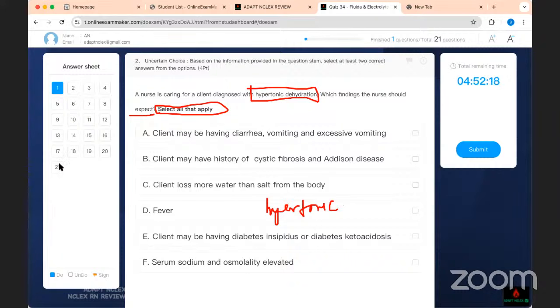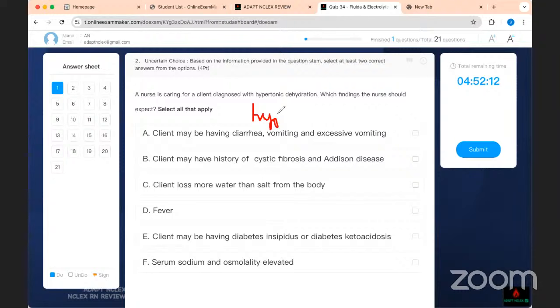So who knows what hypertonic dehydration is? I'll give you the content. When we say hypertonic dehydration, that means it's based on the fluid lost. So you're going to lose water or you're going to lose salt. What will make your blood hypertonic?